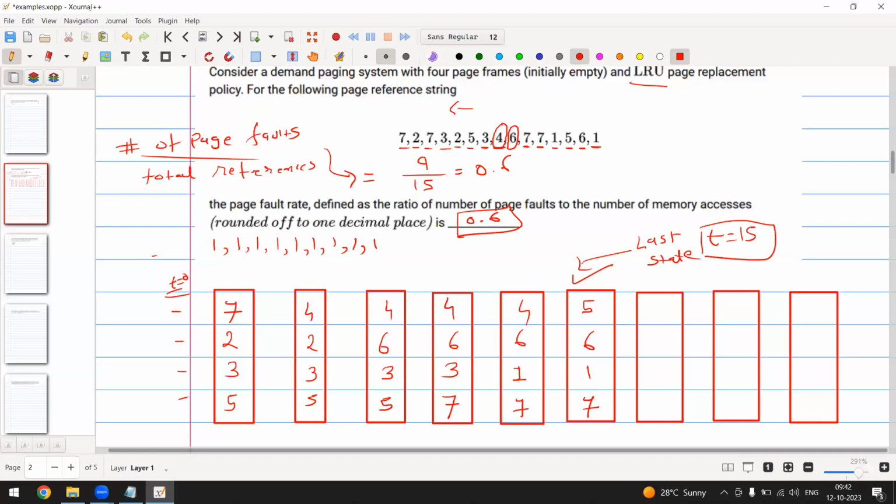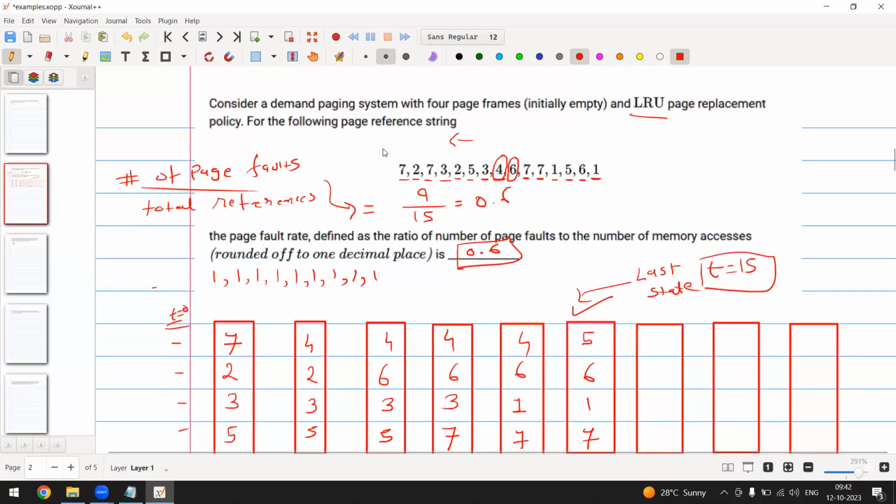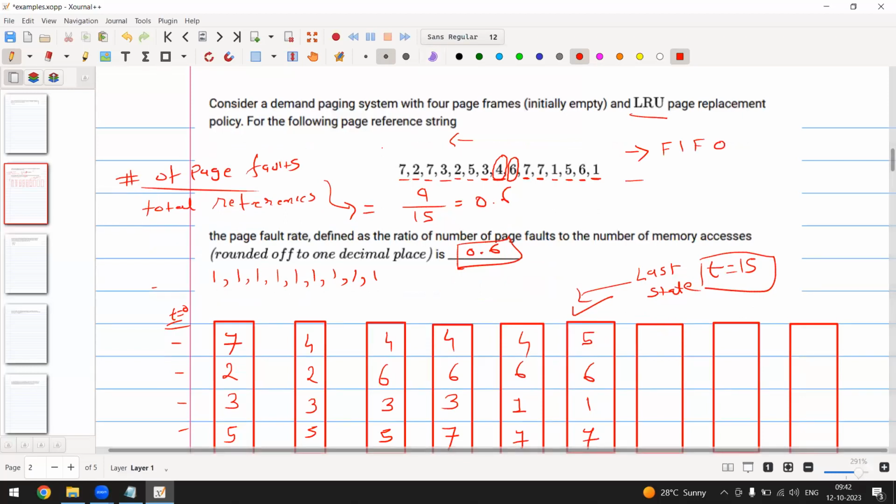So this is the example related to page replacement policy. I encourage all of you to try the same example using FIFO and clock policy as well. Repeat the same example with FIFO and clock policy and determine the number of page faults in each.